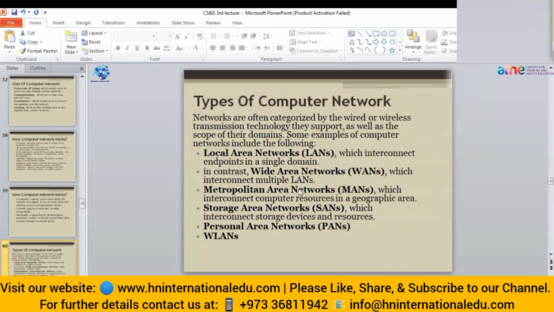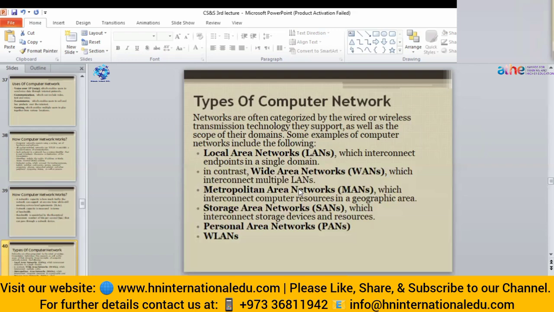Types of network. Types means the range or capability of the computer network. Networks are often categorized by the wired or wireless transmission technology they support, as well as the scope of their domains, like how much physical area is covered by our computer network.